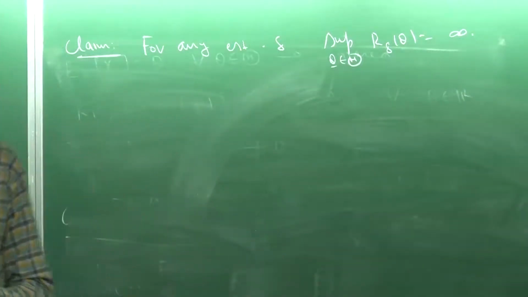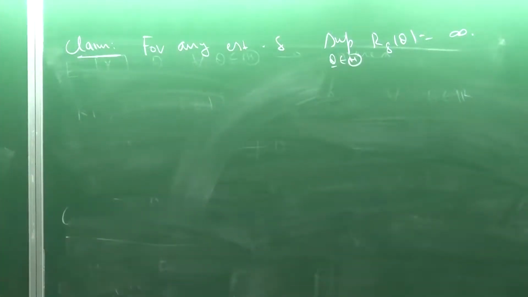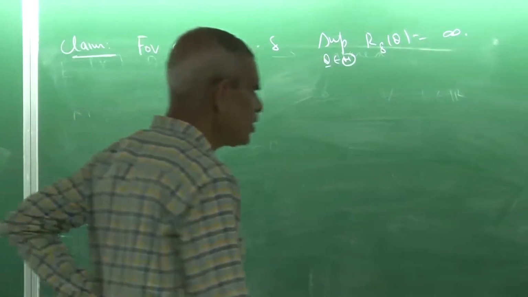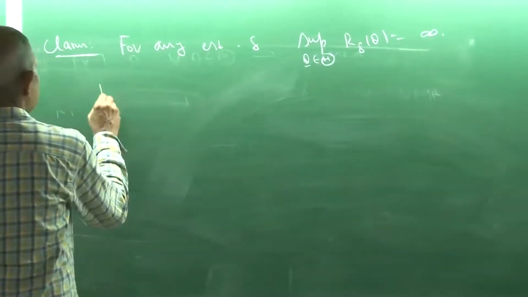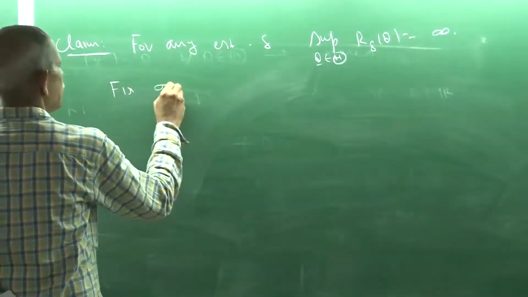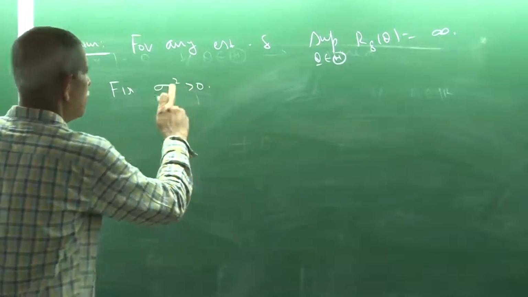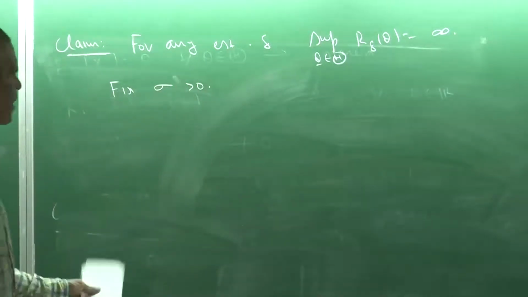That is what you have to show. Now to show that, what I do is I first fix sigma square so that sigma square is known. So fix sigma greater than 0. You can consider this to be known.